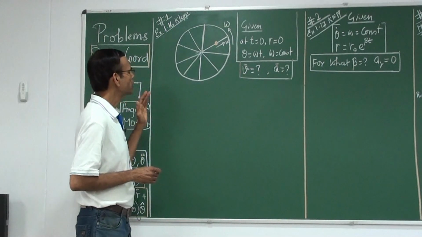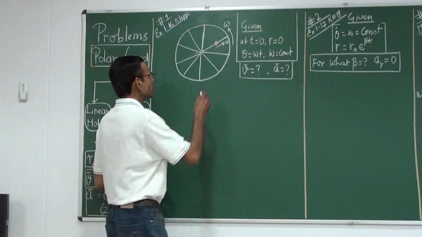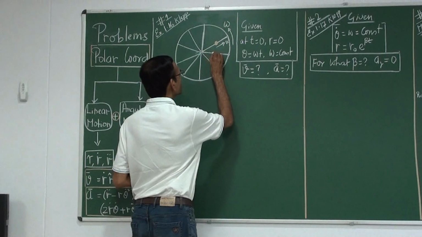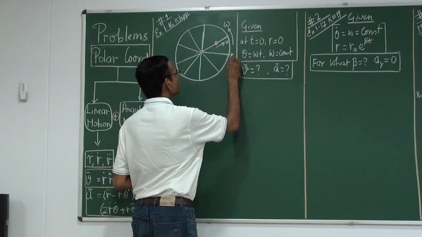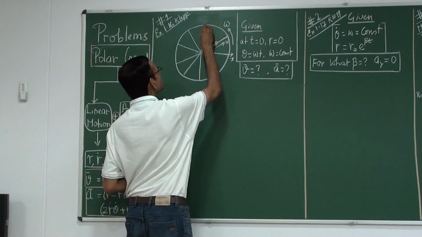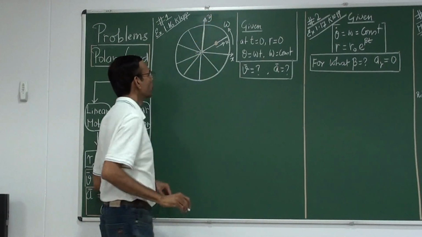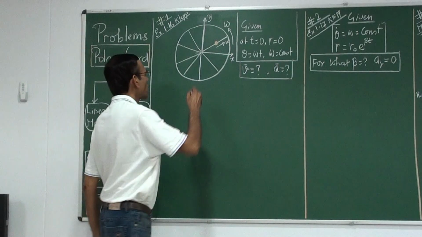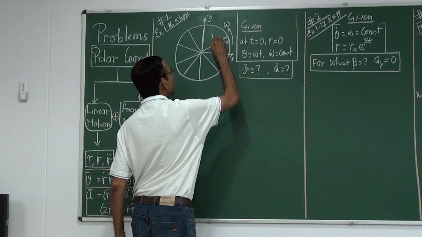Now before we proceed, the first thing that we do is choose a coordinate system. So let us take this as your x-axis and this as your y-axis. And on the particle we put the r cap and theta cap.